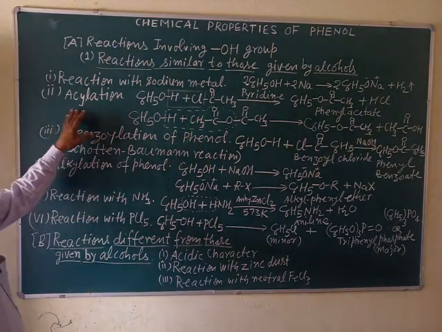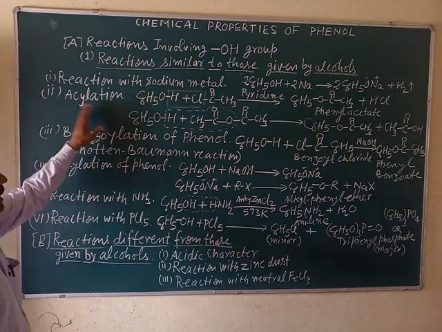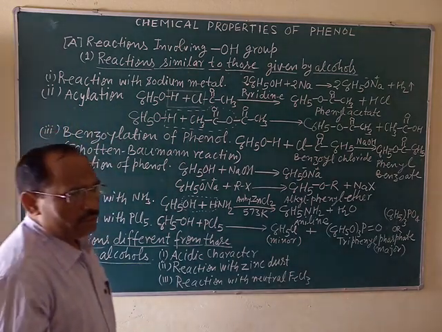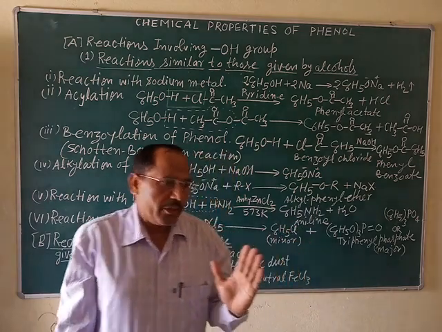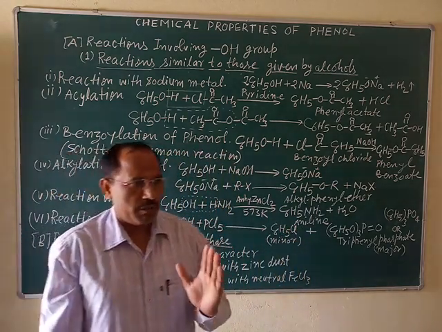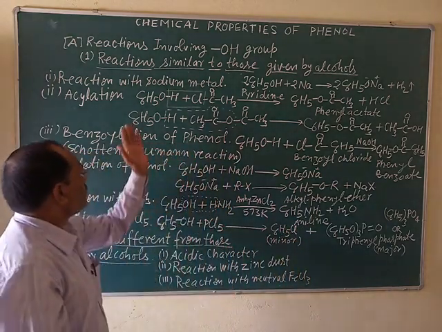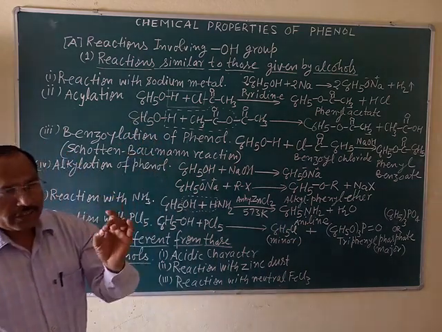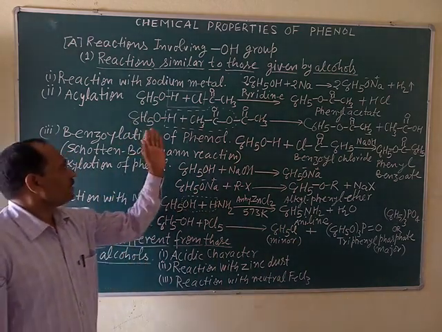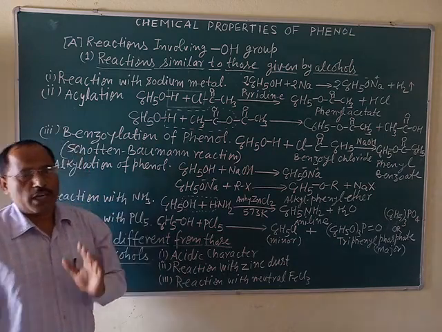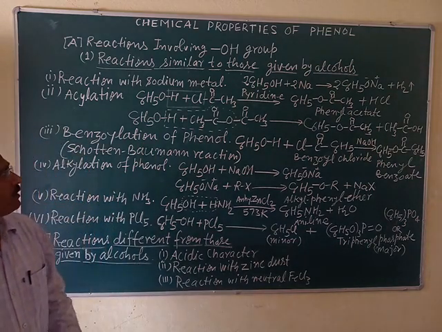Next reaction is acylation. Acylation means, just like alcohols, a reaction of alcohol or phenol with acetyl chloride, that is acid chloride, and acid anhydride is known as acylation reaction.